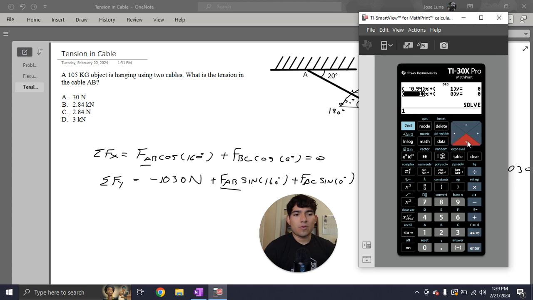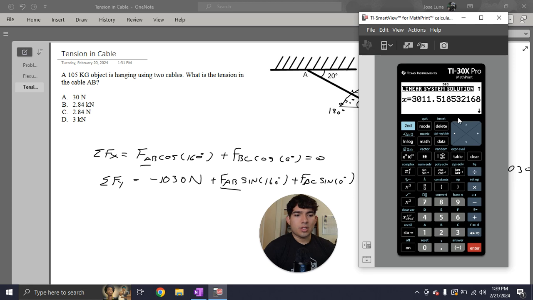And then for the next one, which is the sum of the forces in the y direction, we're going to have sine of 160. And then for the next one, we have sine of 0 degrees. And then it's all going to be equal to 1030, since it would get moved to the other side. And we can solve it.